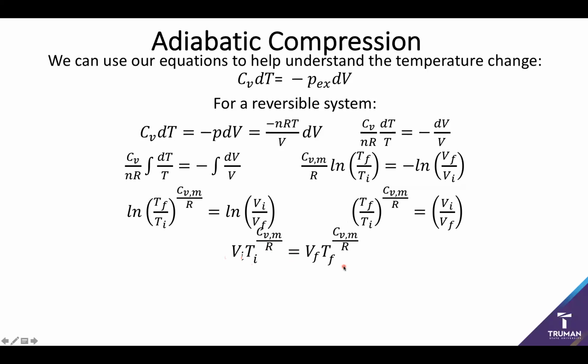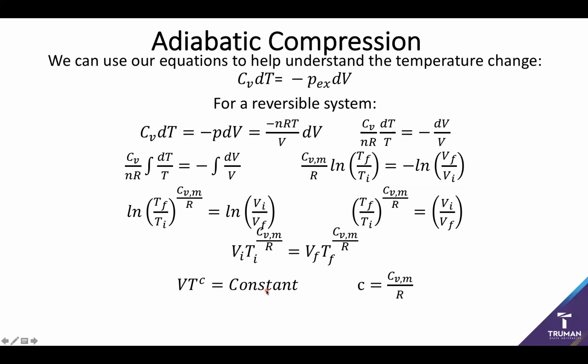Now, what this actually ends up indicating is that since this expression has to be equal for any point in this system, it's often expressed as our volume times our temperature to our corrected isochoric heat capacity is going to be a constant.